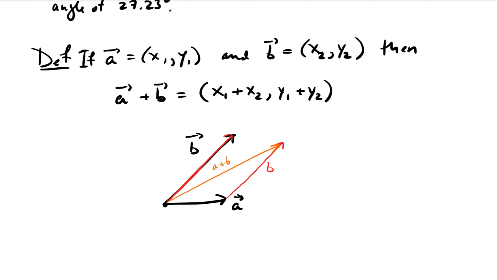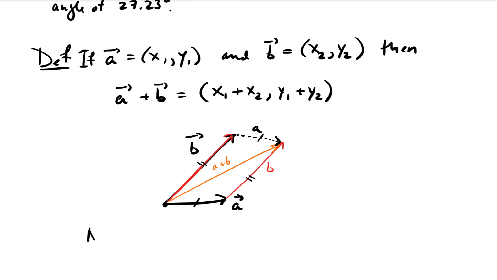Okay, now if you look at this vector here, this is also vector A, right? Just move A around. So what we have here is a parallelogram, right? Formed by the vectors A and B. So A plus B is actually a diagonal of this parallelogram. And we also see just from the diagram that A plus B is the same as B plus A.